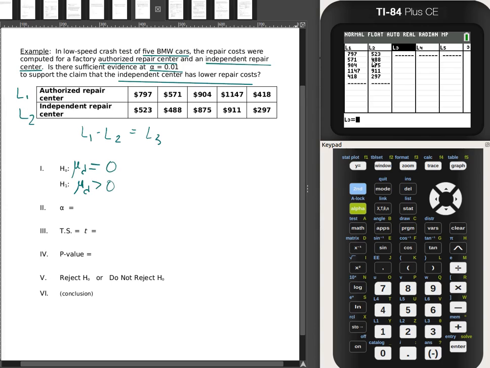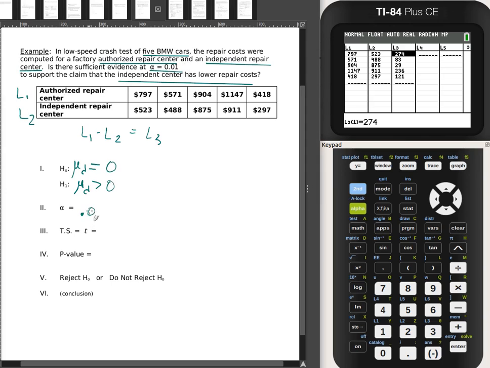So we want L1 minus L2 into this one. And we should be able to just use these buttons. List 1 minus list 2. This will populate list 3 with all of these differences. And they're looking pretty positive. So we can make maybe some guesses about this one. But in general, I will just continue with filling out this data from the problem.